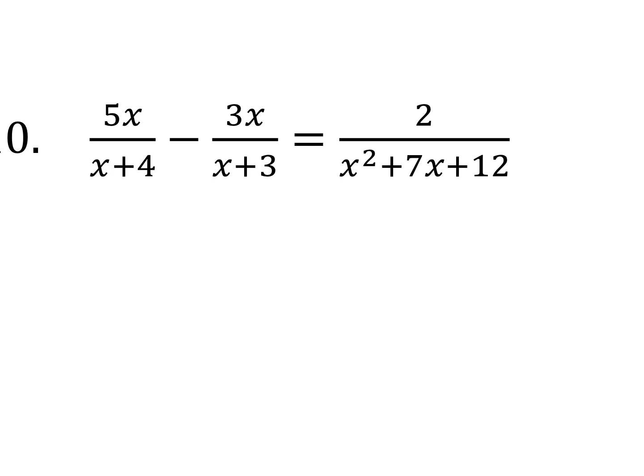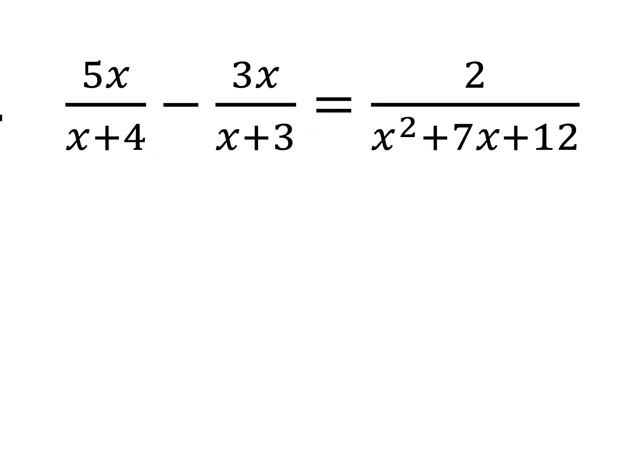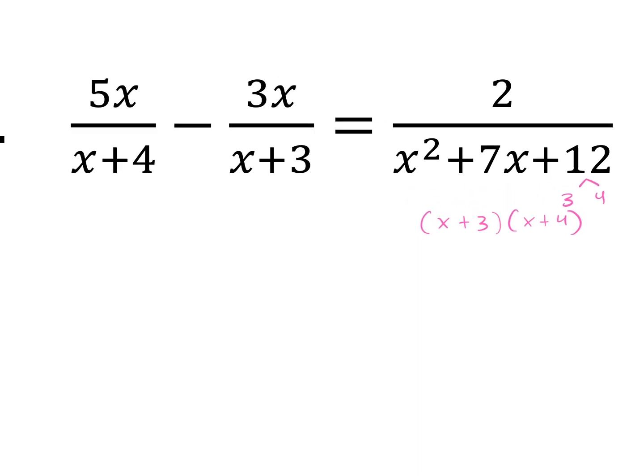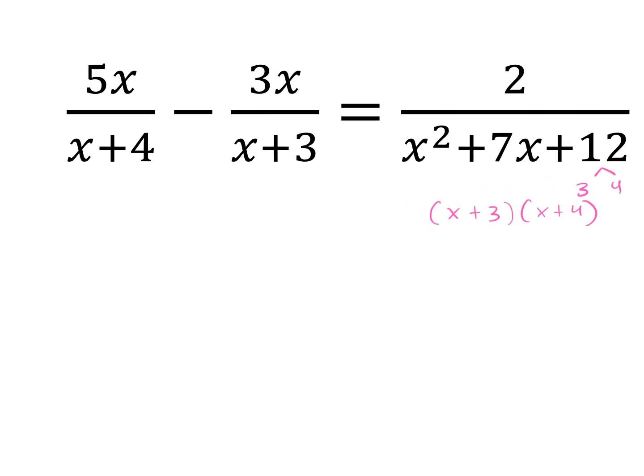Okay, so first thing we want to do is find all the factors of our denominators. So let's factor the third one. What are two factors of 12 that add to 7? 3 and 4. So this factors into x plus 3 and x plus 4. So what's our least common denominator? x plus 3 and x plus 4.